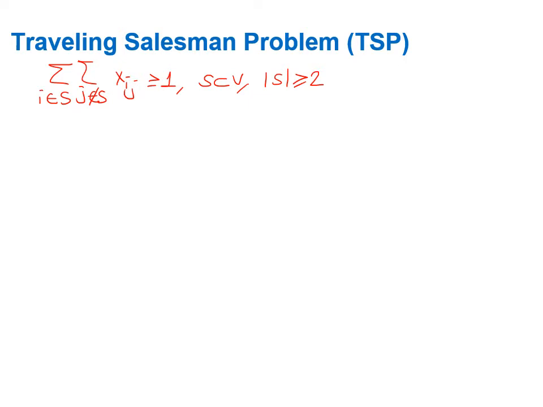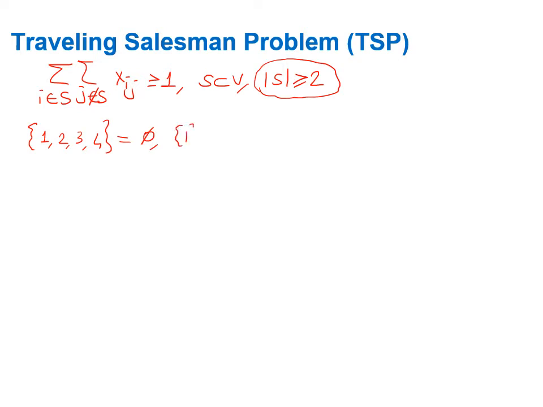So how can I write? Since we need to write this for all subsets with cardinality greater than or equal to 2, I can consider this subset. Remember, my set of colors is 1, 2, 3, and 4. And what are the subsets of this? Empty set is a subset, right?